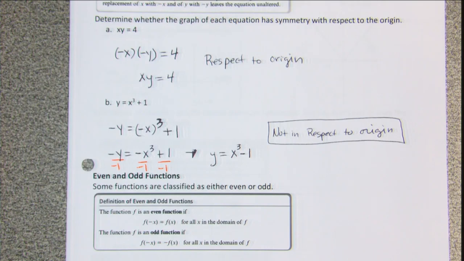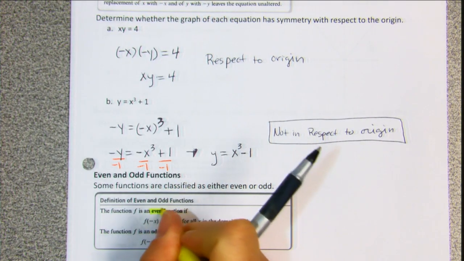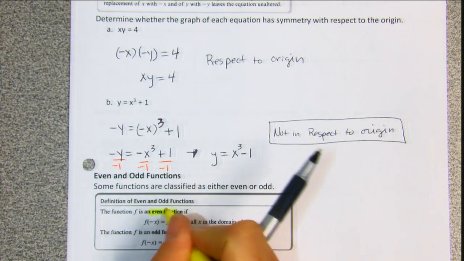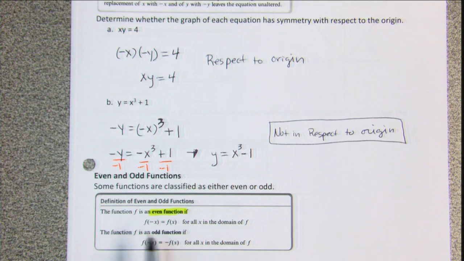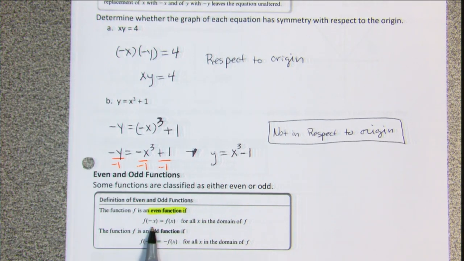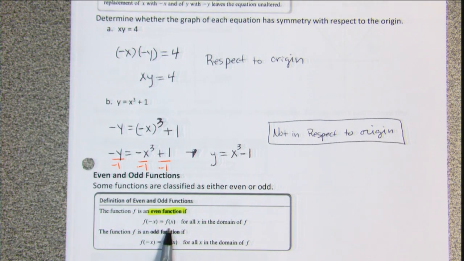So a little thing that we talk about but we just really don't do a lot with, they label some of these called even and odd functions. And so what that means is if it's an even function, it means when I change the sign for x, that's why they have a negative in there, the y stays the same. It doesn't change the sign of y.